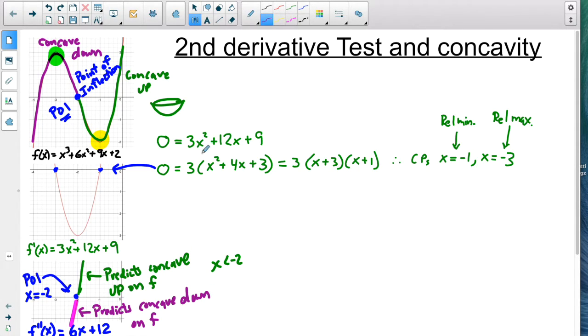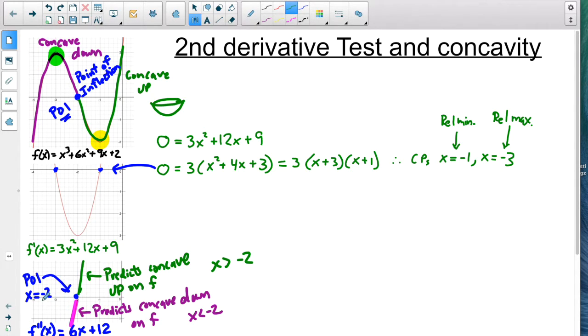Concave down is here, and this happens when x is less than negative 2, my bad. And this happens when x is greater than negative 2, right? So when x is greater than negative 2, f double prime of x is positive.